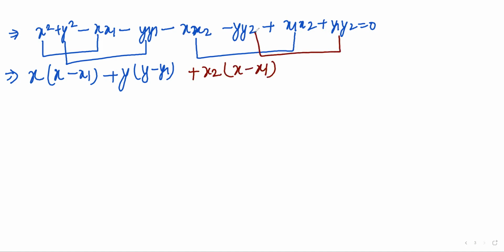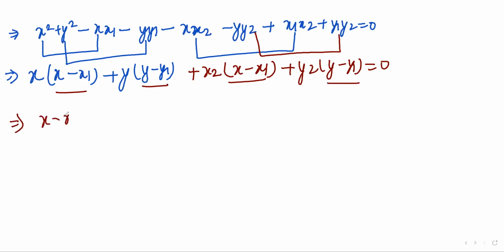Now we have got the sequence. So it is y2 common, y minus y1. Now we have got the answer. So this is common from these two. So take this, and this is common. So it will be x minus x1 into y minus y1.